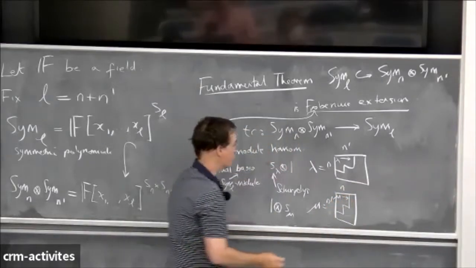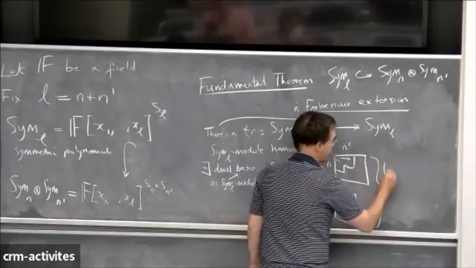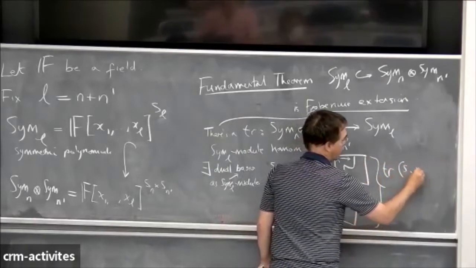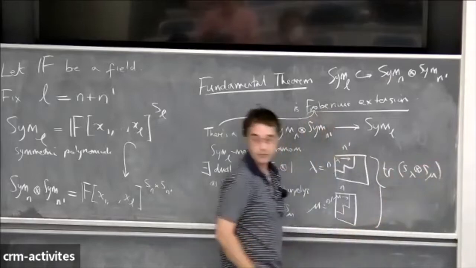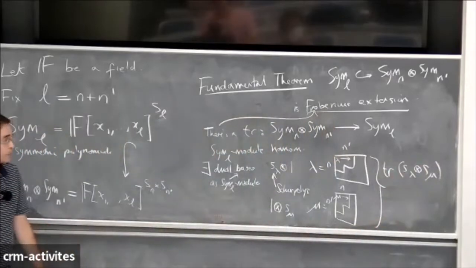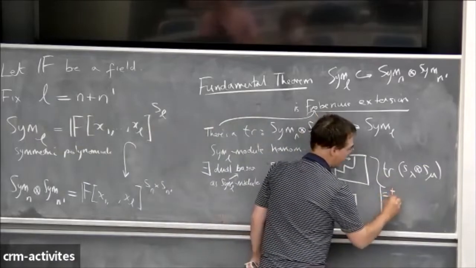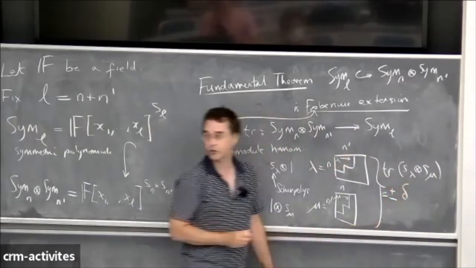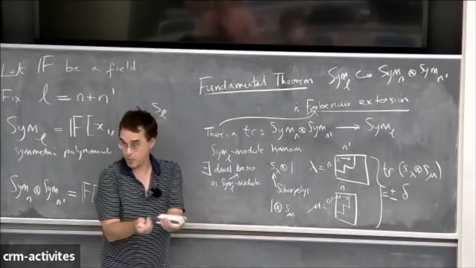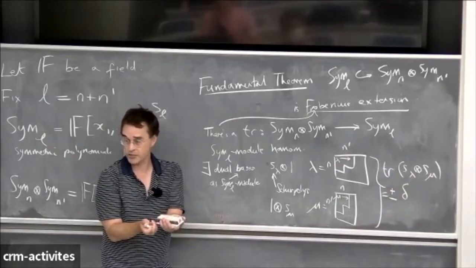And these are dual in the sense that if you take the product of the first basis S lambda tensor 1 and the second basis 1 tensor S mu, and then you apply this trace, you get, up to some sign, a delta function depending on if lambda and mu match: you get plus or minus 1, otherwise you get 0.